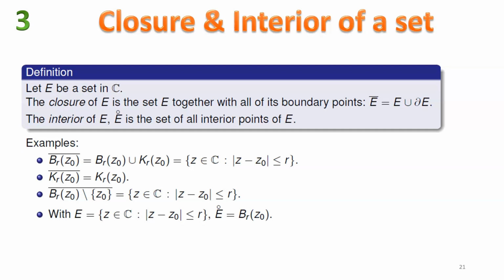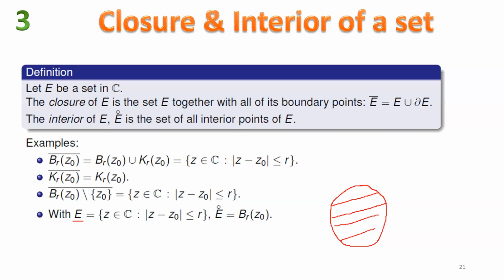So here in fact we are trying to learn the game of notations in the closure and interior of a set. Now let us suppose that we have a set E containing complex numbers Z belonging to the set of complex numbers C such that mod of Z minus Z0 is less than or equal to R. So in fact we are considering a disk of radius R, and we are considering the boundary of the disk together with the interior.